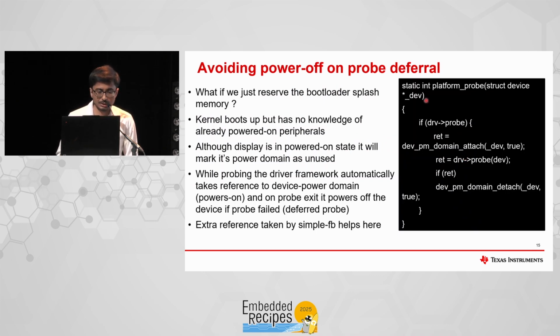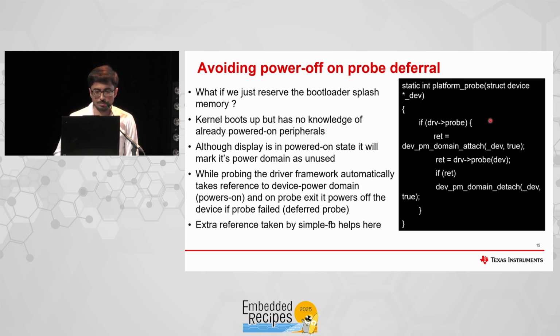Now let's understand how simple framebuffer is helping preserve the IP state. We specified the power domains and clock domains in the device tree for the simple framebuffer, but why exactly was this required?